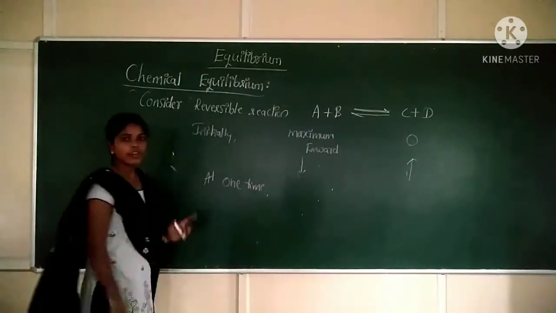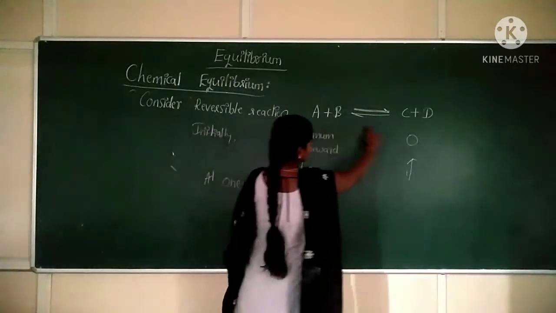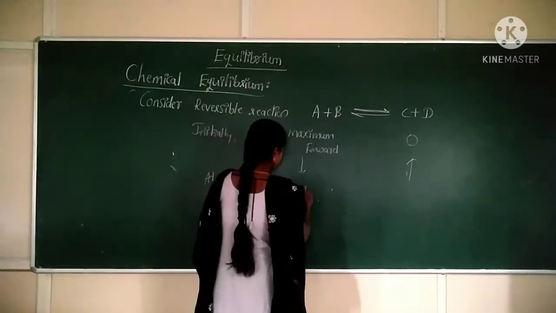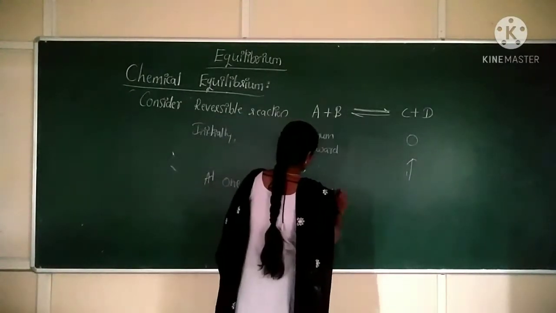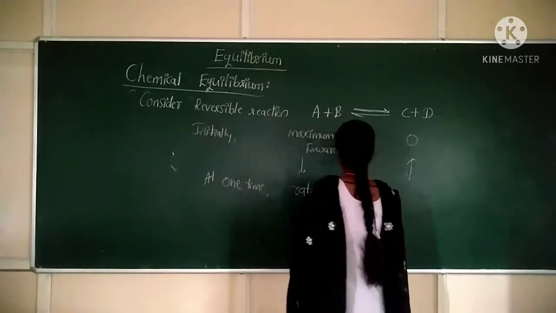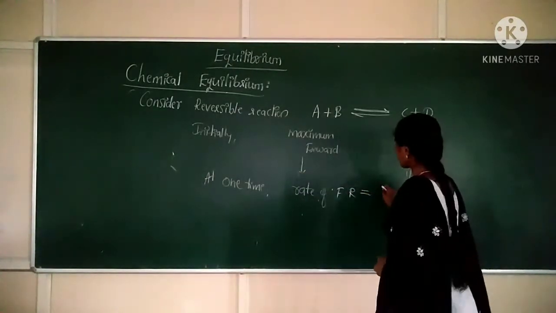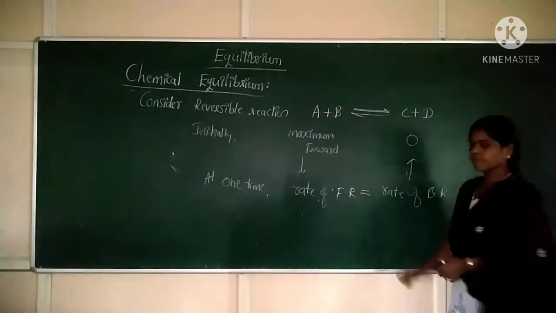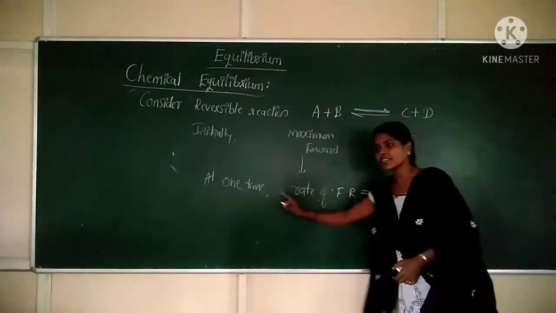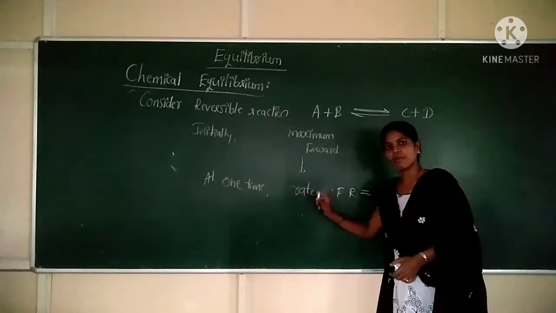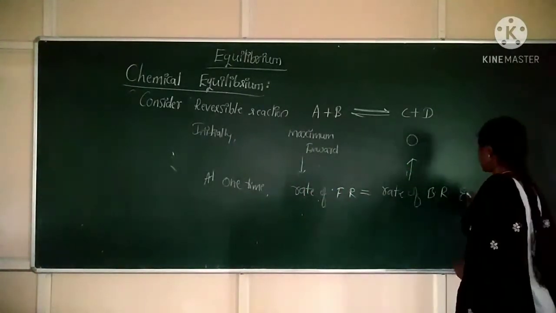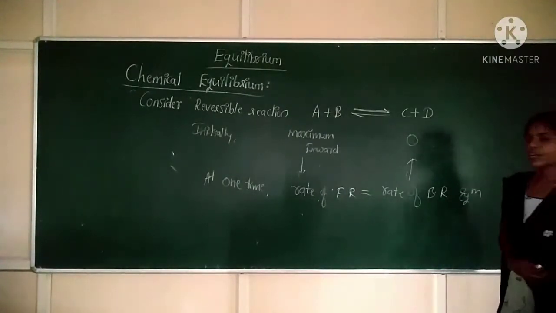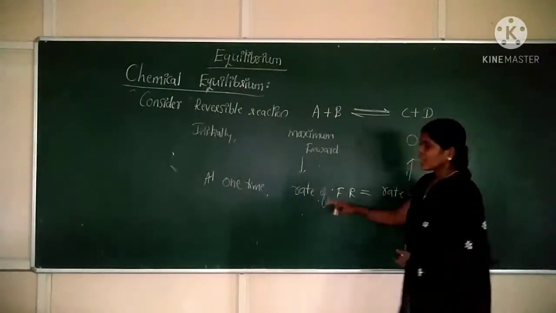A time will come where the rate of forward reaction will be equal to the rate of backward reaction. That point is said to be equilibrium. Okay? Are you getting?